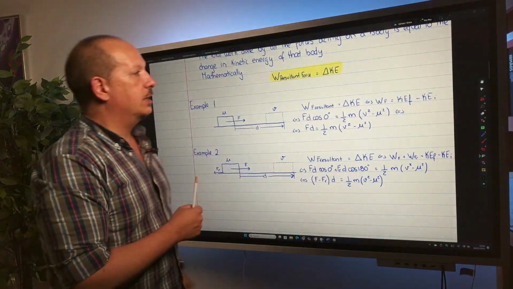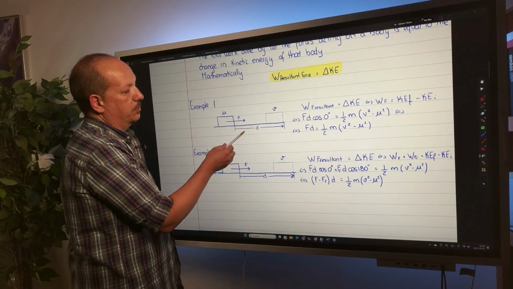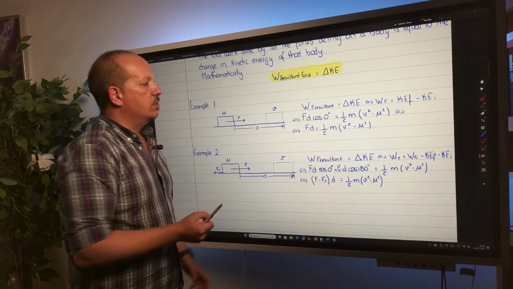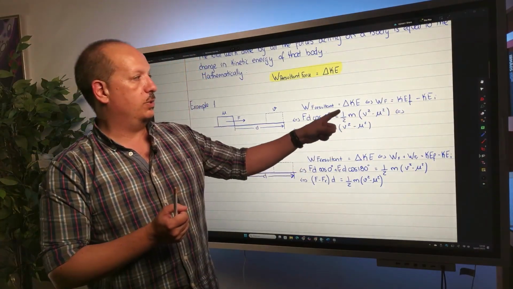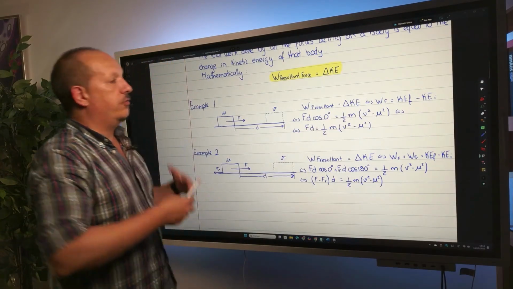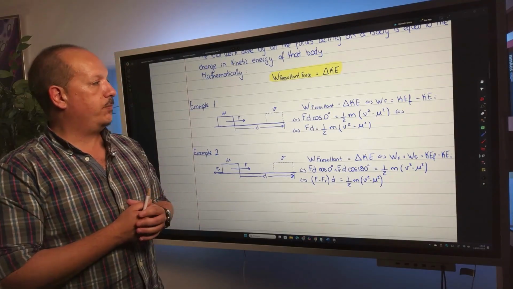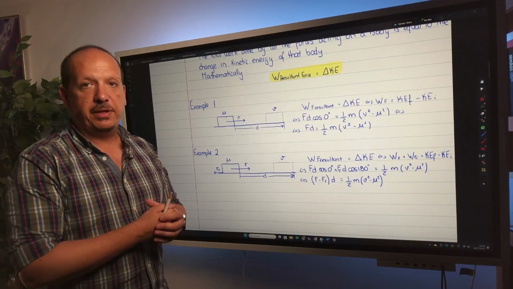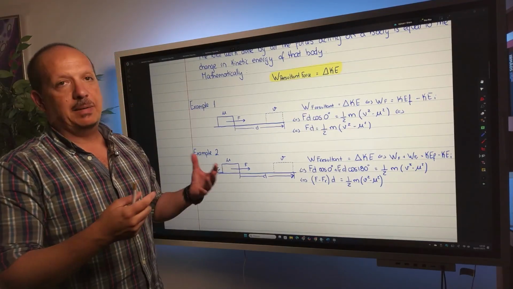What is the work done by the force? It is the force times the displacement times the cosine of the angle between them, which is 0. So it is just equal to this, which we already know is 1/2 m (v squared minus u squared). So imagine that the question was asking you to calculate the intensity of the driving force, knowing the two speeds and the mass of the object.